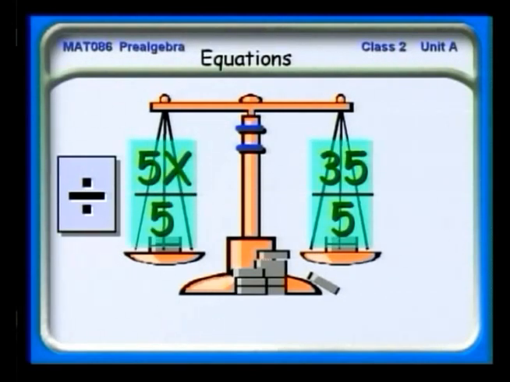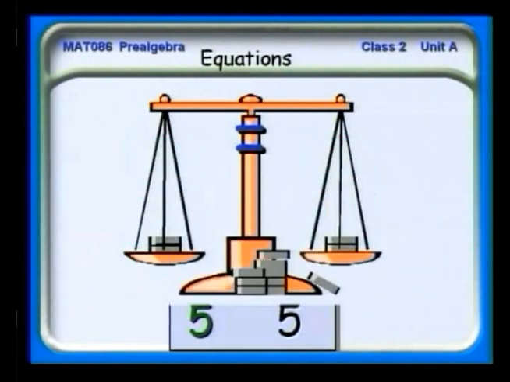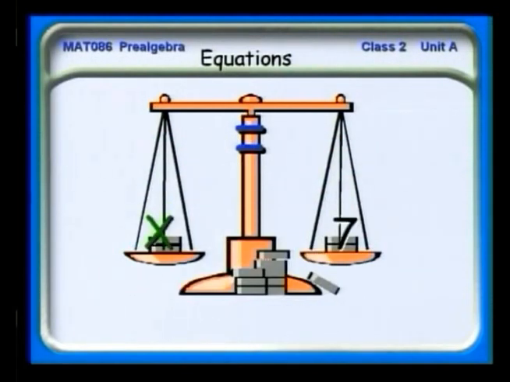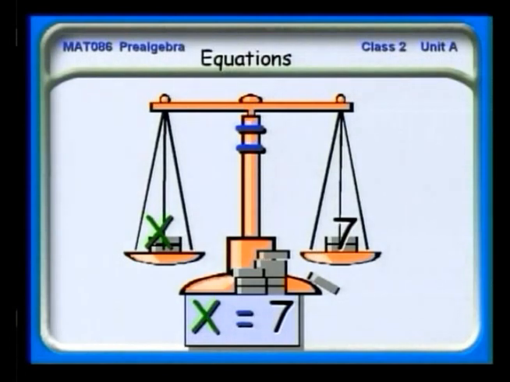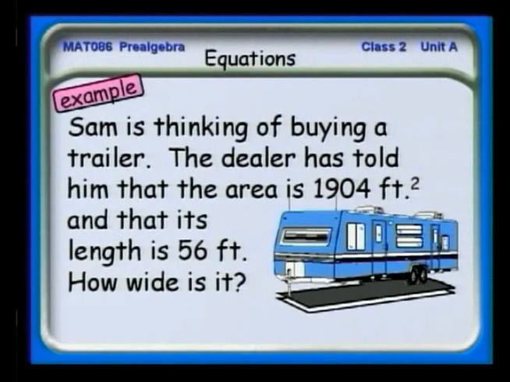And you see here, I'm using the symbol for division where I put it over it. And when I do that, 5 times x divided by 5 gives me x equals 7. So if I have the variable multiplied by something, I see that I can divide both sides to get x by itself.